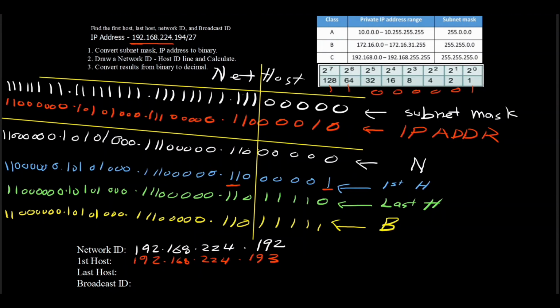Now let's find what we have next. Next I do have my last host, right? The last host is going to be 192, the same thing, 168.224, and here let's see what's going on in the last host.